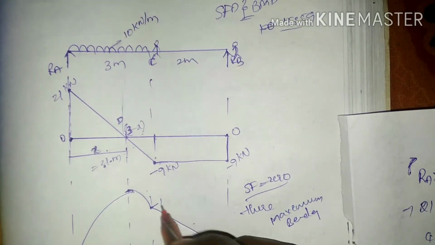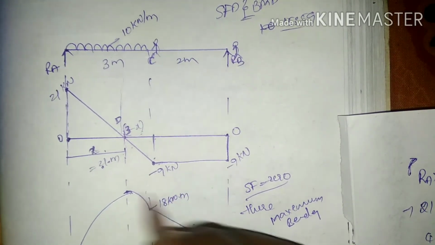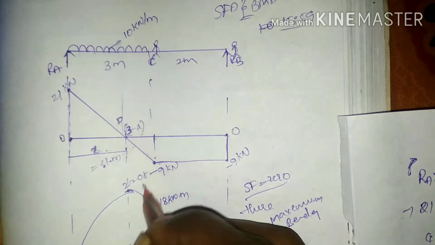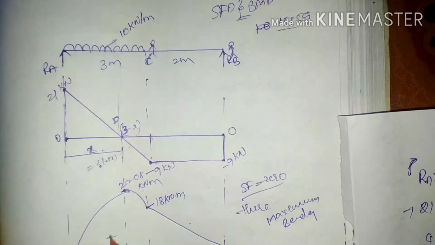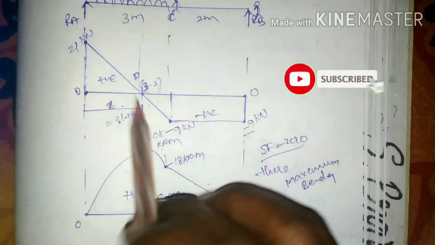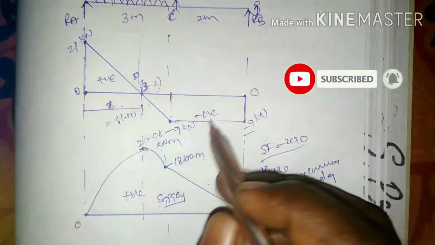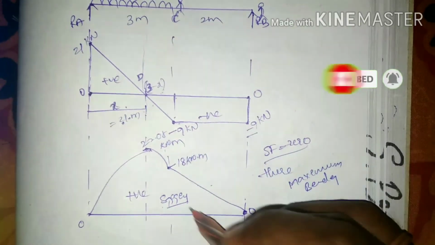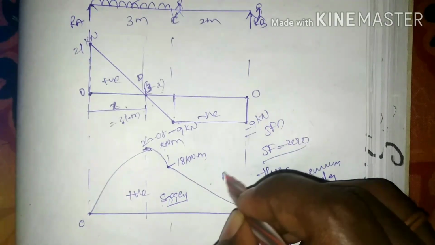Here it is 18 kilonewton meter, here it will be 22.05 kilonewton meter. Here it is positive and it is positive. It is 9 kilonewtons and 21 kilonewtons, in the negative and the positive. This is the SFD and this is the BMD.